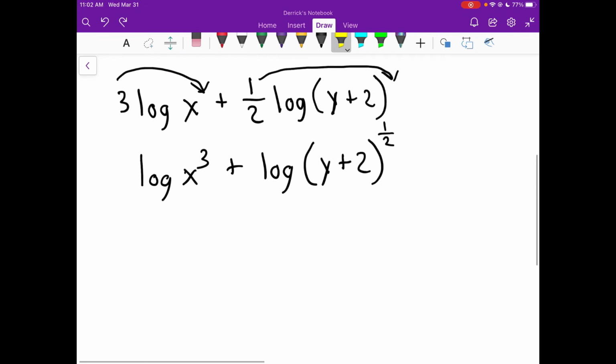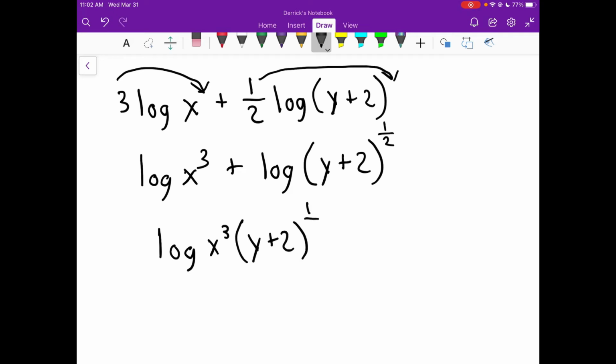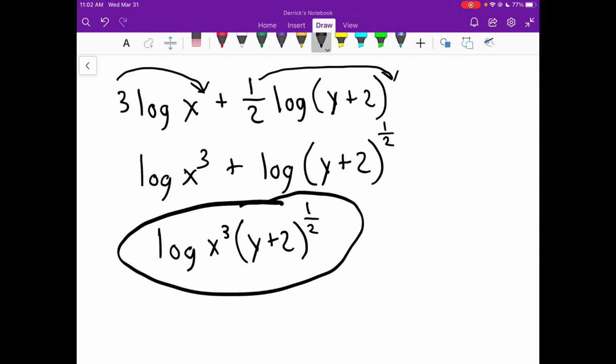So applying that to this, we would have now a single log, but we would be taking that single log of x to the third times y plus 2 to the 1/2 power. Now that we've got this down to a single log, that would be a condensed expression. You don't need to do anything more than that. We don't actually need to take y plus 2 to the 1/2 power and try and get it to where we could distribute the x to the third in or anything. That would be a condensed expression.